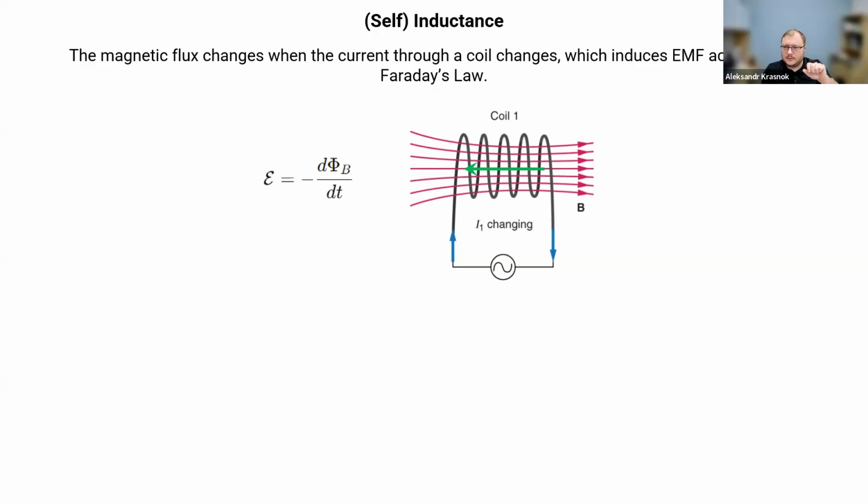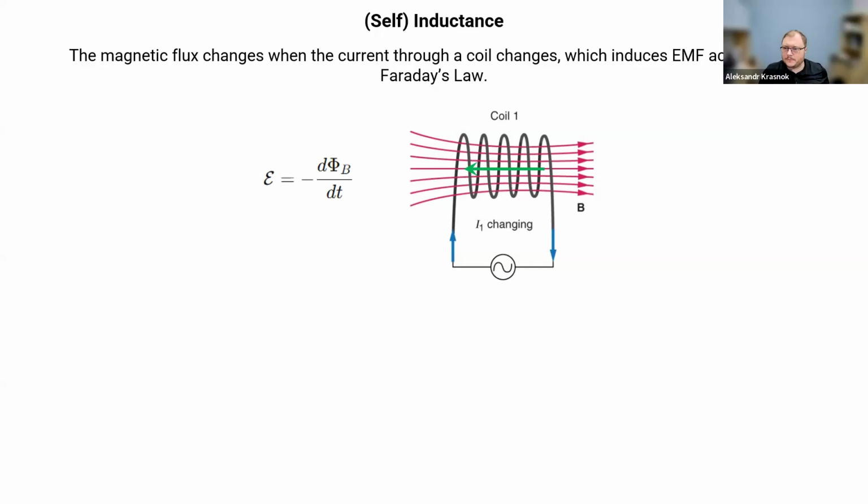Pushing them back essentially creates the current in the opposite direction. And this current in the opposite direction creates a magnetic field around it, which is also opposite to the bias field.